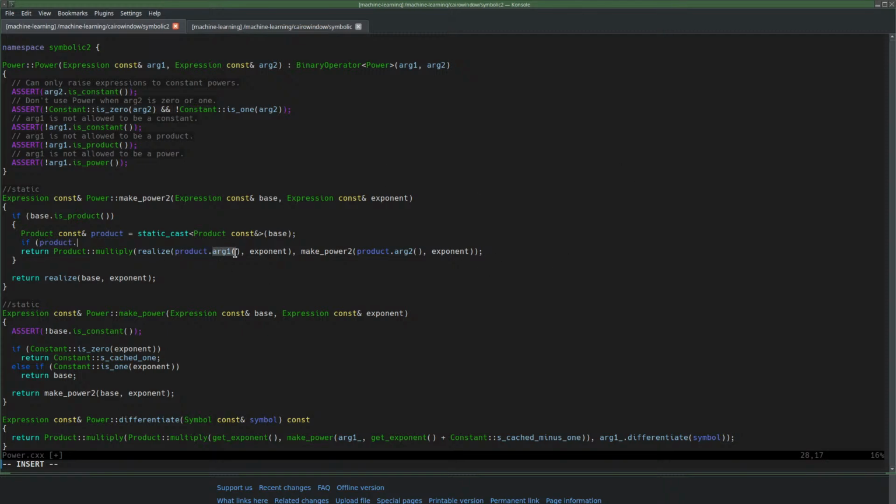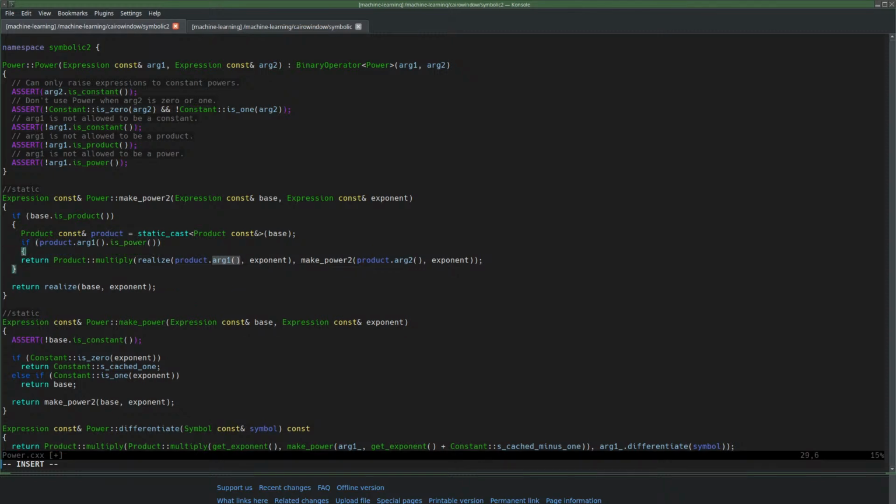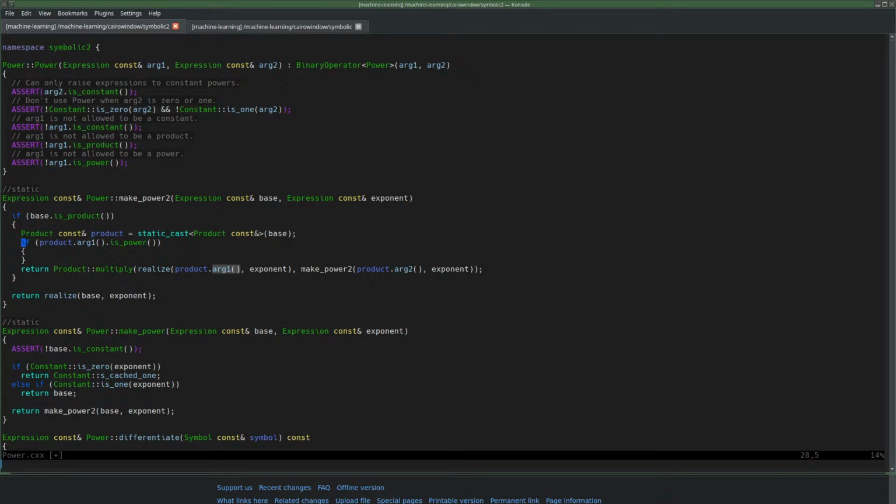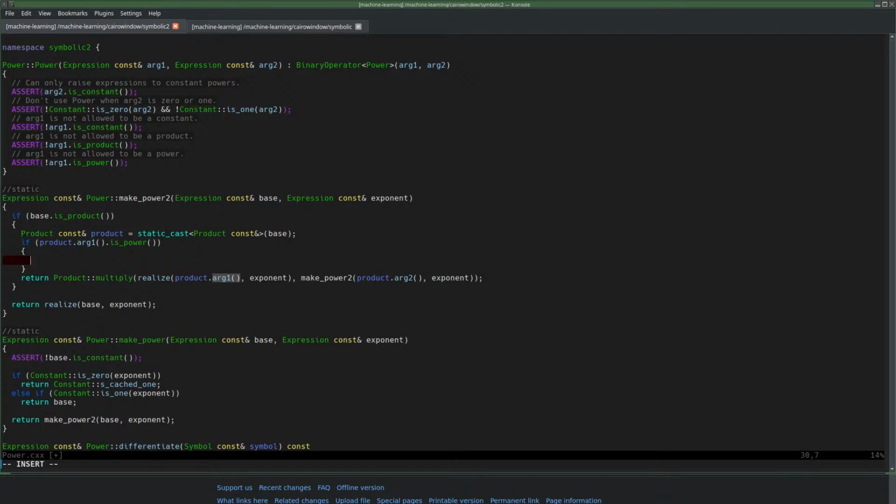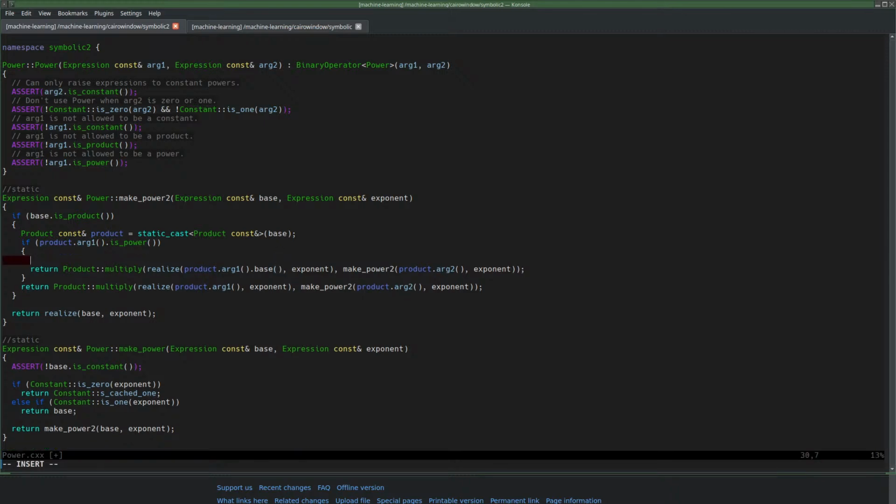That's why it's just the whole thing. Then you can do this exact same thing, but we need to make an exponent of the base. So I first have to cast it to a power.